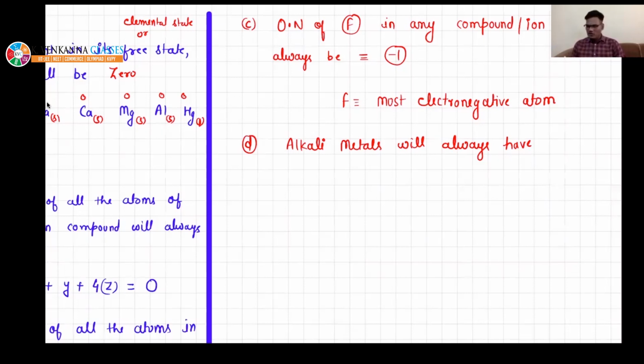So alkali metals will always have +1. What are the alkali metals? Lithium, sodium, potassium, rubidium, and cesium; francium we do not consider. So these are 5. If you see them in any compound, you will always consider them positive, right?